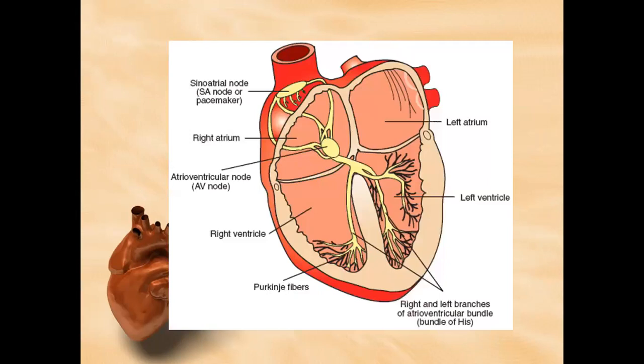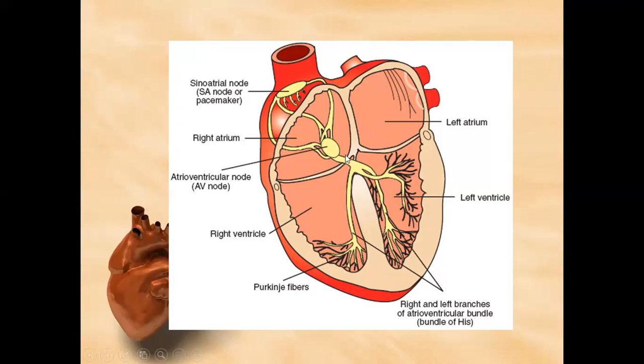So here we have a picture of the electrical conduction of the heart. Again, this is not a shocking revelation. We have our sinoatrial node, which creates the electricity and diffuses it across the atria to the atrioventricular node. When it diffuses across the atria, they have now contracted.